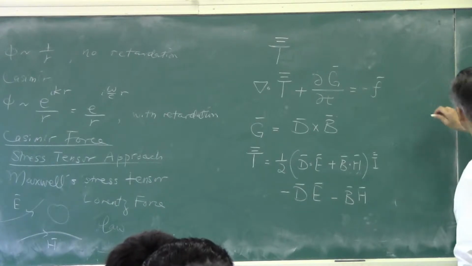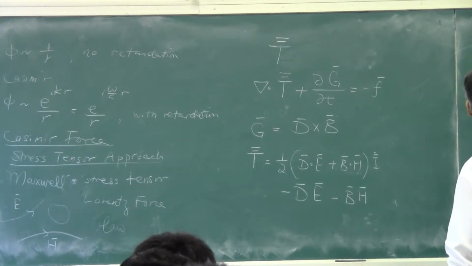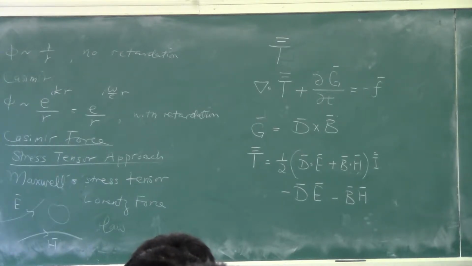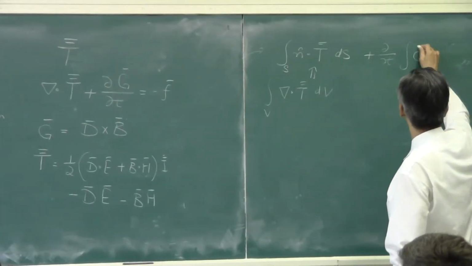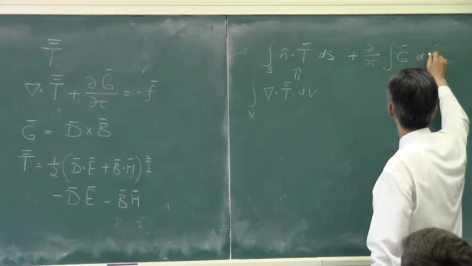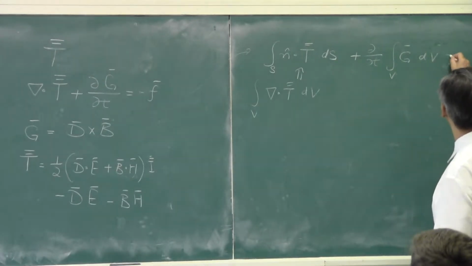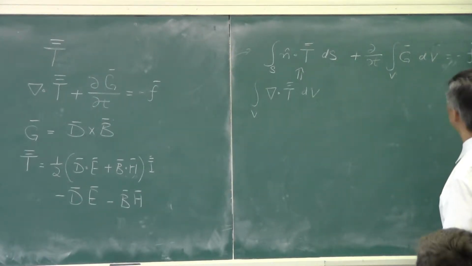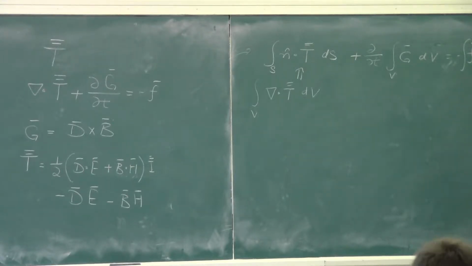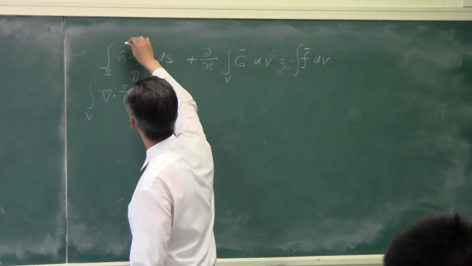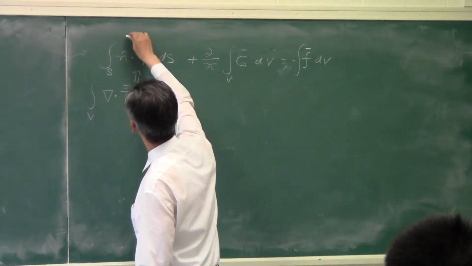First of all, you would take the divergence of this over V, then by invoking Gauss law, you get this, and then you have partial t G dV, okay, over the volume is equal to minus F dV, okay. So you can see that this is a vector, this is a vector, this is n dot T. T is a tensor, so n dot T is a vector.